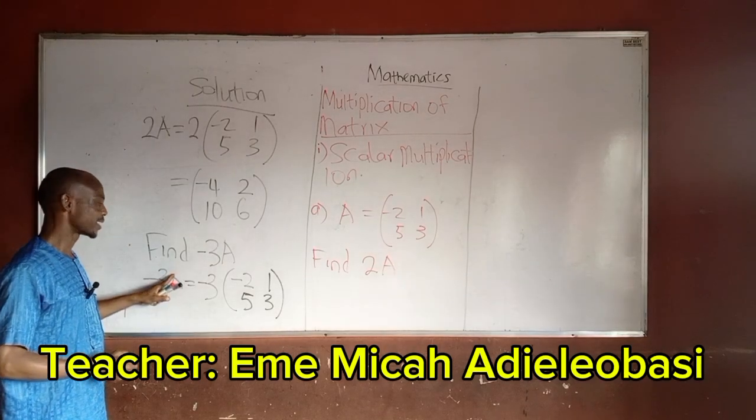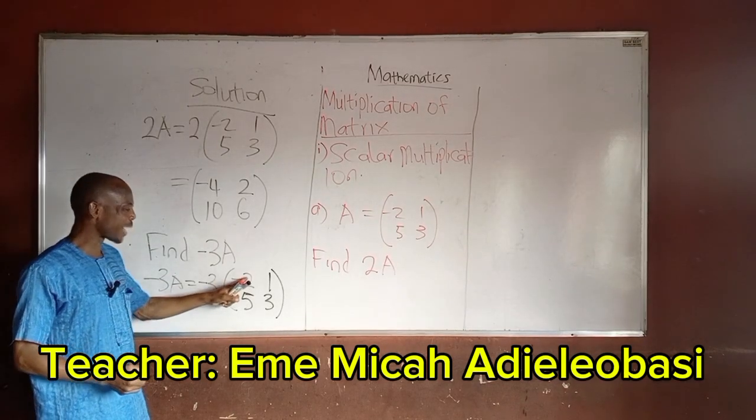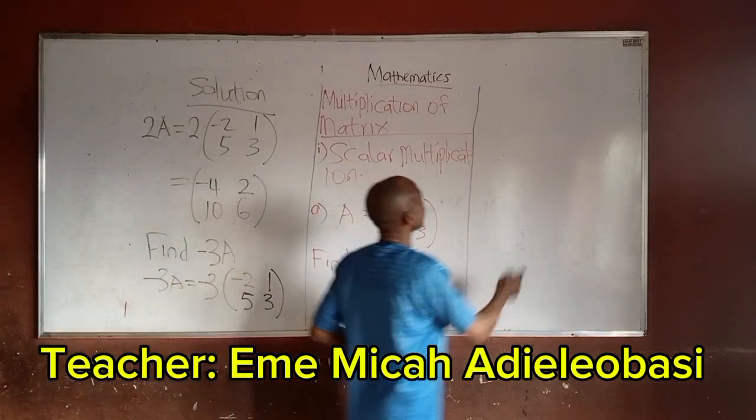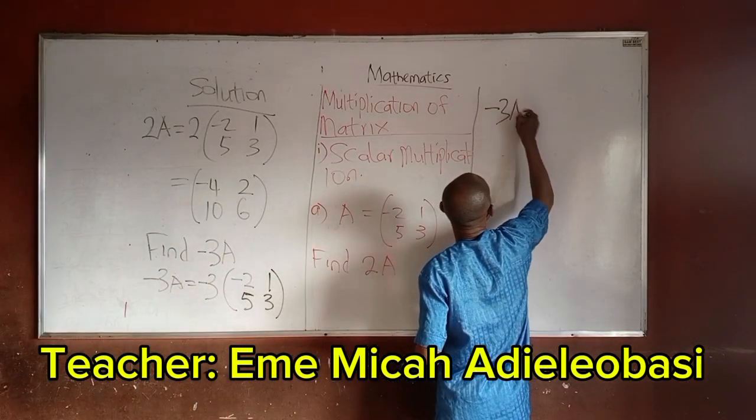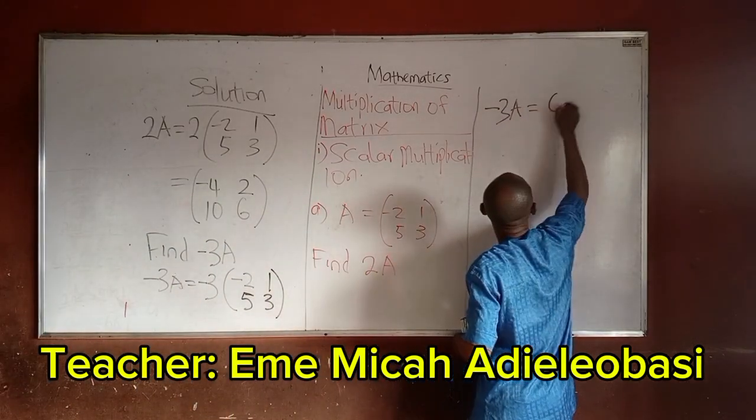So what are we going to get? -3 times -2. We are going to have what? Our -3A will now be what? 6.